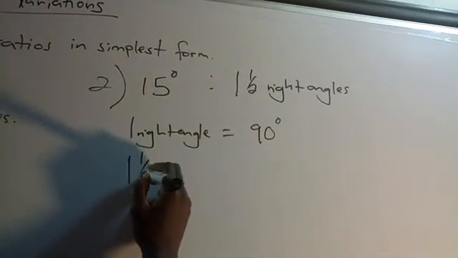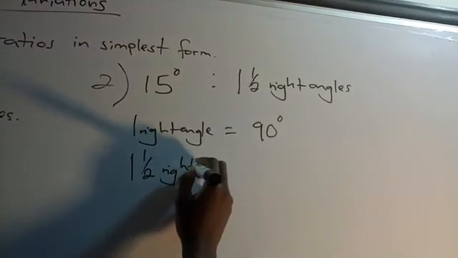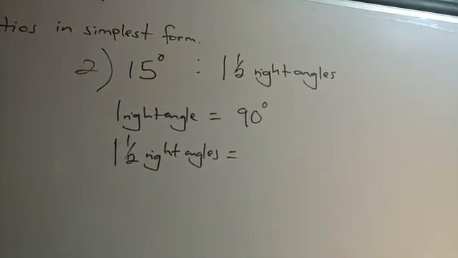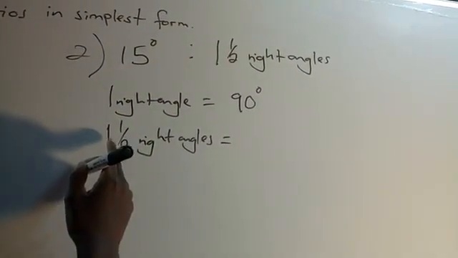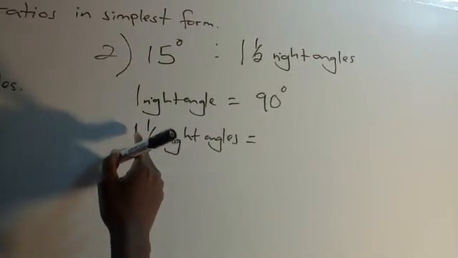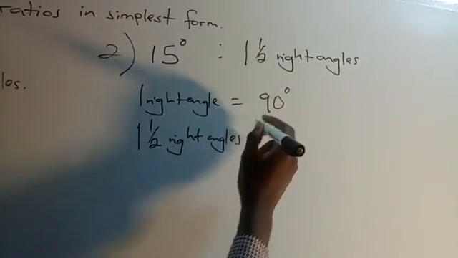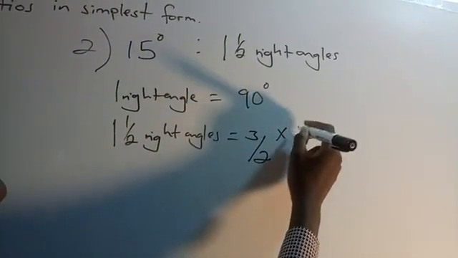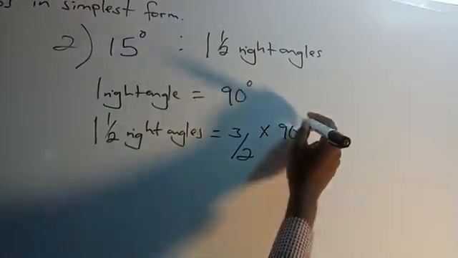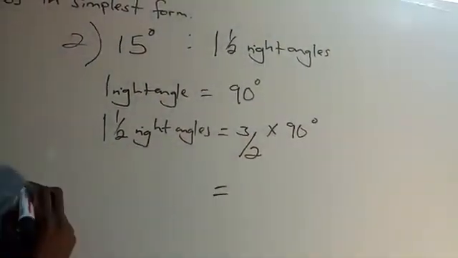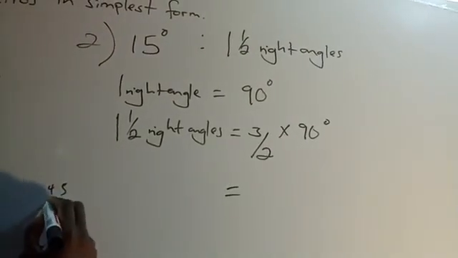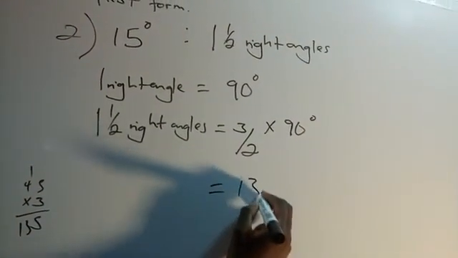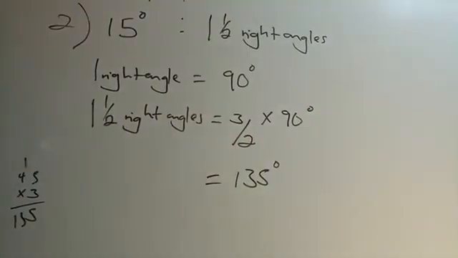So 1.5 right angles, converting to an improper fraction, is 3 over 2 times 90 degrees, becoming 45 times 3, which is 135 degrees.